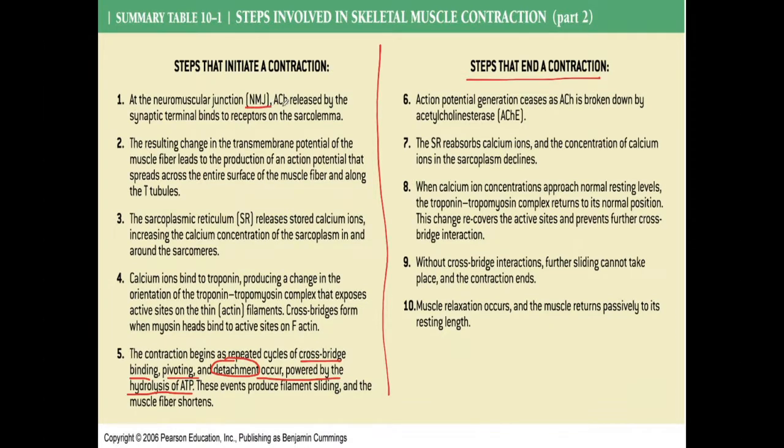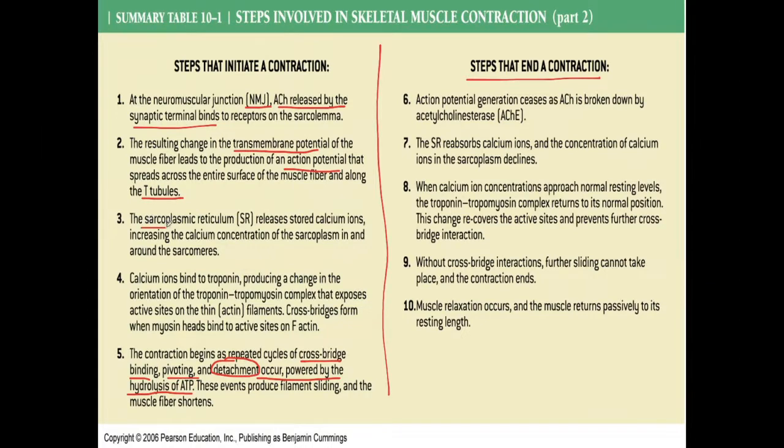At the neuromuscular junction, acetylcholine is released by the synaptic end bulb. When that acetylcholine is released, it alters the transmembrane potential, creating an action potential that spreads into the T-tubule.